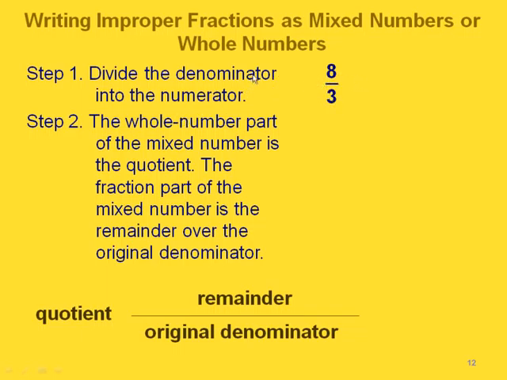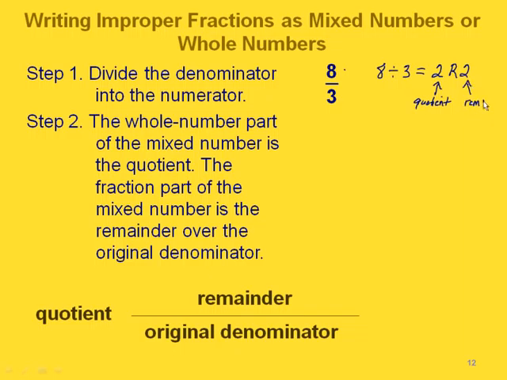So our first step is to divide the numerator by the denominator. So if we think of 8 divided by 3, that's 2 with a remainder of 2. So remember, when we do this, this part is our quotient, and here we have our remainder.